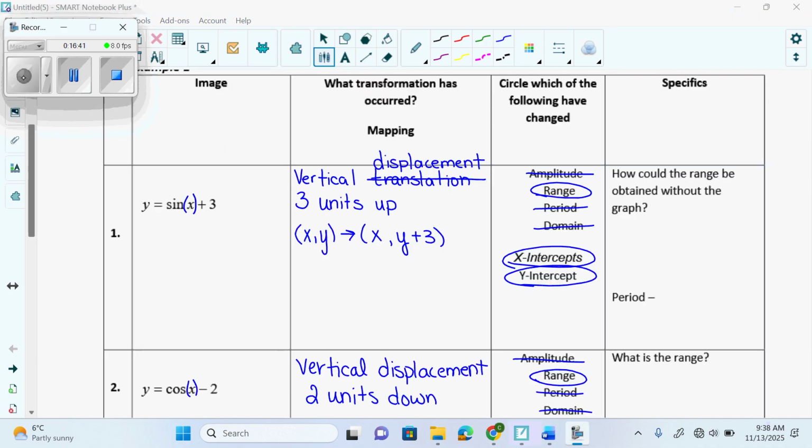So, how we get the range is we need the max and the min, correct? Okay. So what would the max be of this one? What is my d, my midline? Let's go through this.